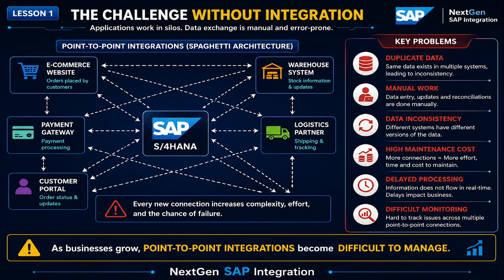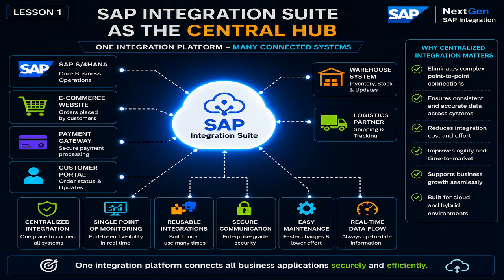So, how do organizations solve this problem? Instead of allowing every application to communicate directly with other applications, SAP introduced a much smarter architecture. Here you can notice SAP Integration Suite is the one platform everything connects to, which is why we call it a central hub.